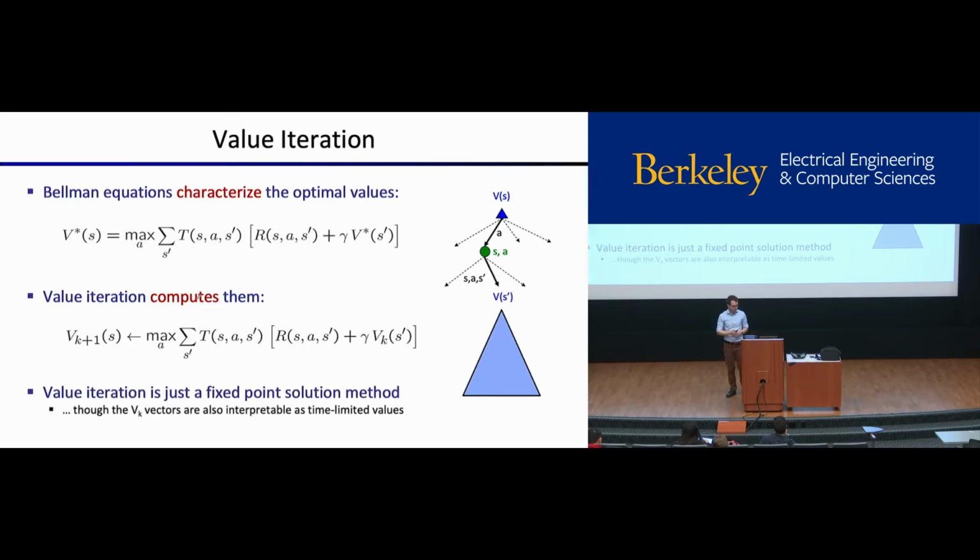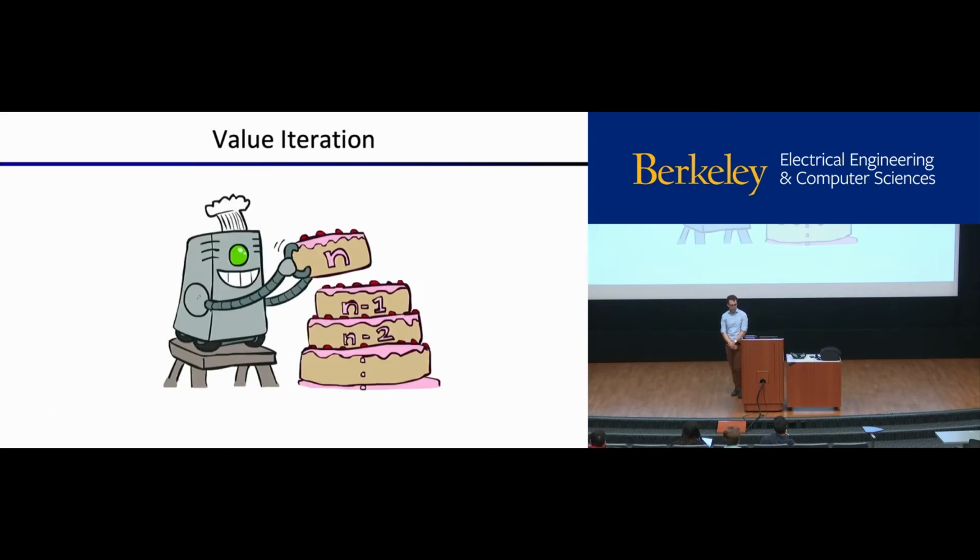So it's a sort of fixed point solution method. If you've seen fixed point stuff before, great. If you haven't, no problem. The idea is very much the same. We're just going to compute vk plus 1 in terms of vk, and eventually we'll get to v star. So the basic idea is we're building this cake layer by layer. I think I showed this picture last time.